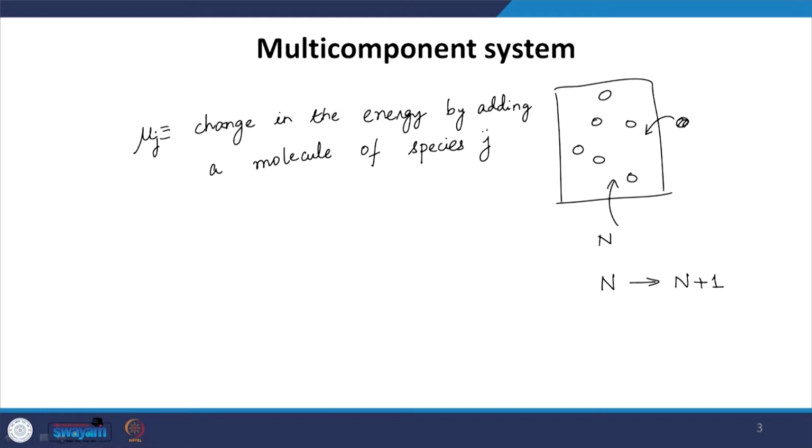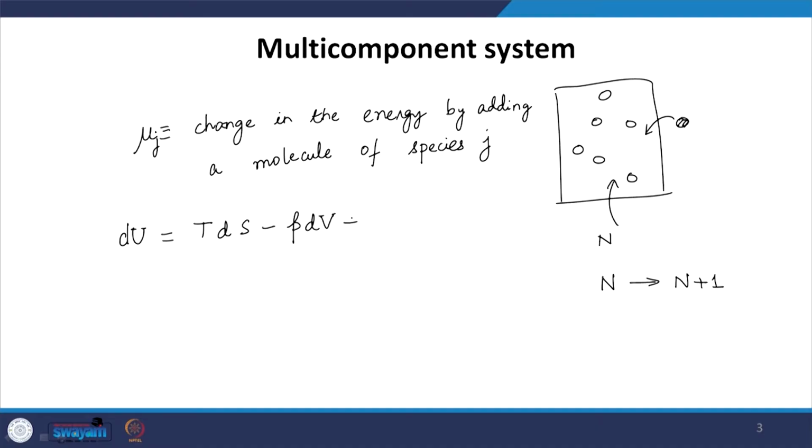So, going back to our earlier definitions of energy, let us look at dU. dU was TdS minus PdV. We have already accounted for the temperature and entropy and pressure and volume, and clearly this energy that I am talking about, the change driven by addition of a molecule, is not accounted for in whatever we have written so far.